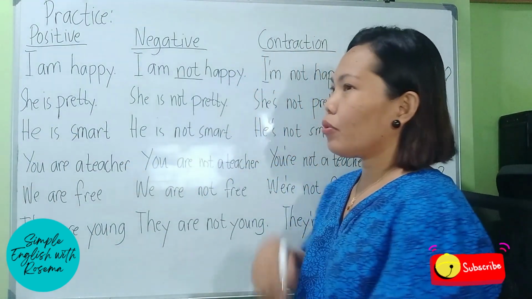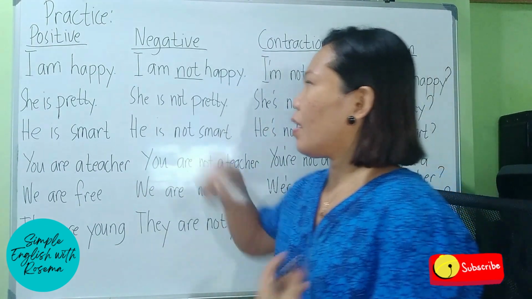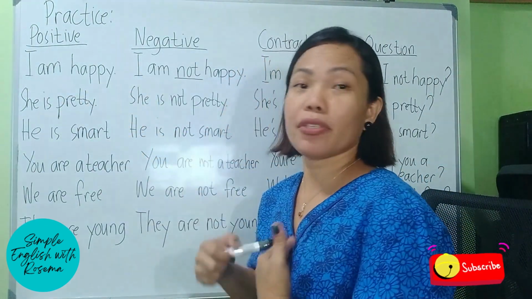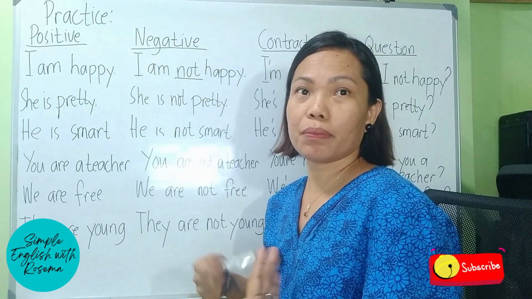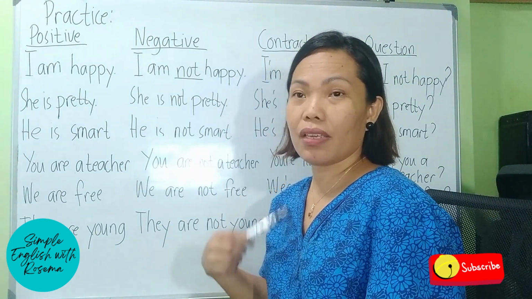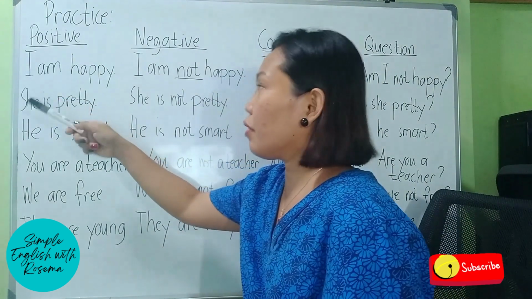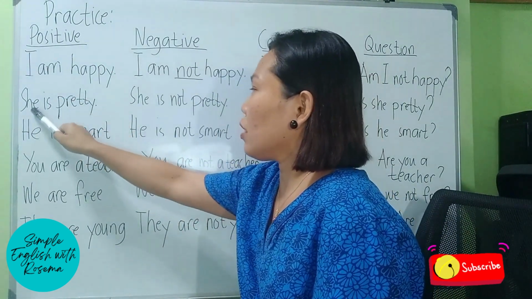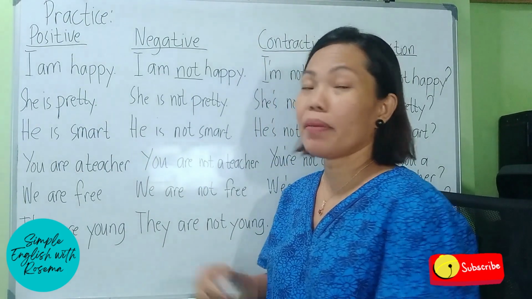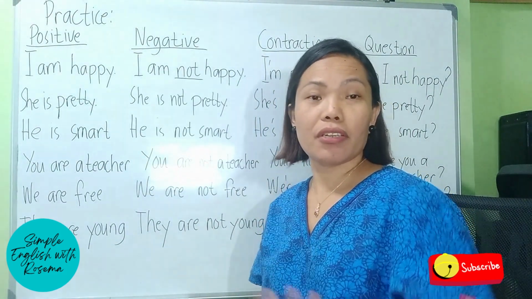Let me repeat, I is a first person singular pronoun, so it is followed by am. Now, she, he, and it are third person singular pronouns.